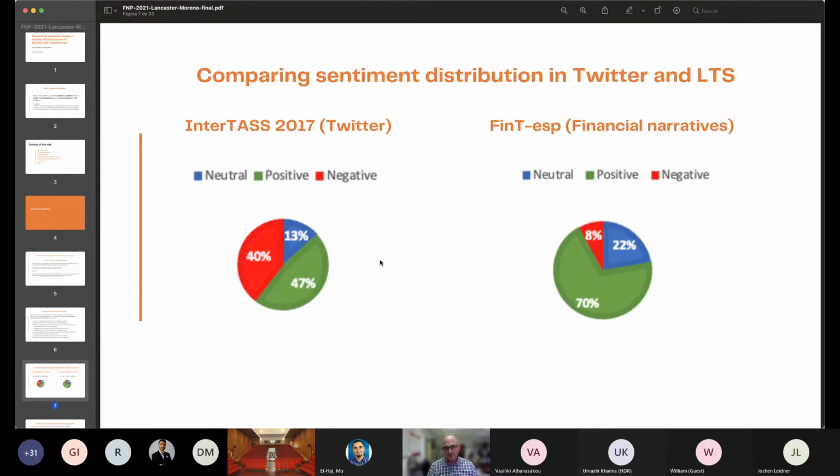In Twitter, you have mainly half of the tweets negative and the other half positive. But if you go to the financial narrative, in our gold standard, you see that 70% of the sentences are positive. So this bias to the positive information is very clear, as you can distinguish in this sentiment distribution.